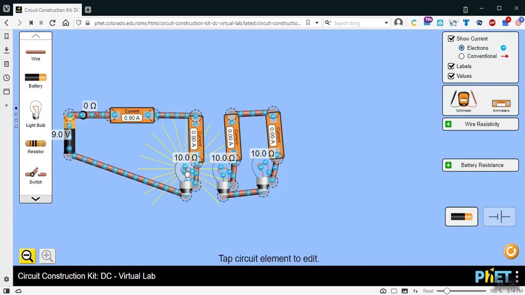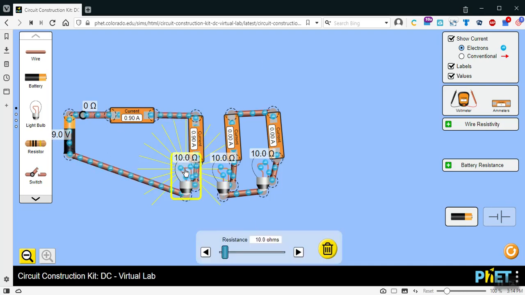If I change just this one light bulb to 3.33, you're going to notice you're going to end up with an issue. These only go down by 0.5s. So 3.5 gives me 2.57, 3 ohms gives me 3, and we wanted 2.7. And 2.7 is in between those two values, so it's a pretty good check.